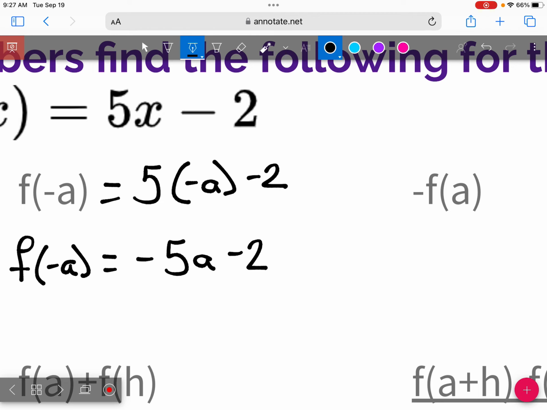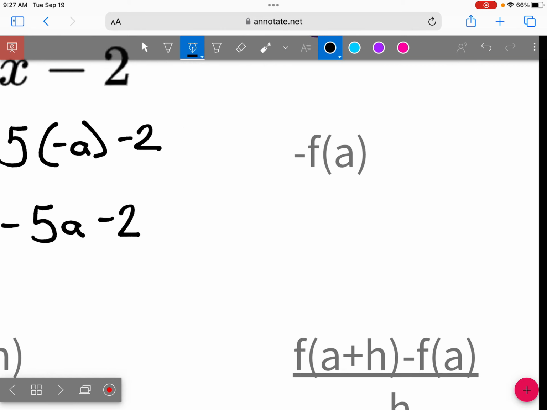All right, so this is the opposite of f of a. So it's the opposite of the whole function.